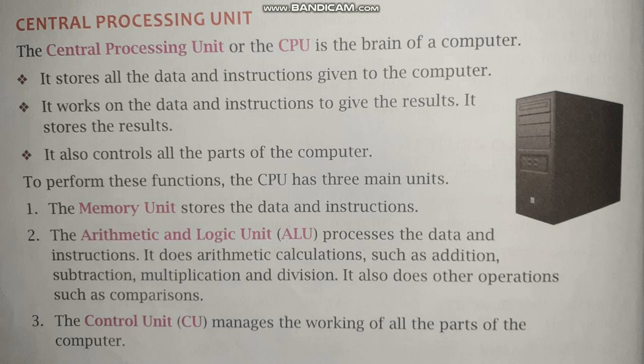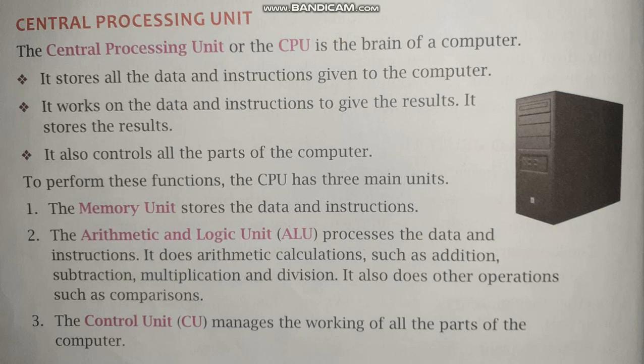It stores the results. It also controls all the parts of the computer. Who controls all the parts of the computer? The CPU controls all the parts of the computer.